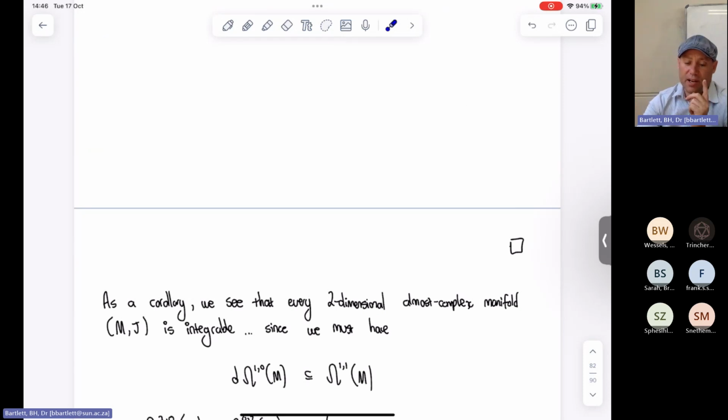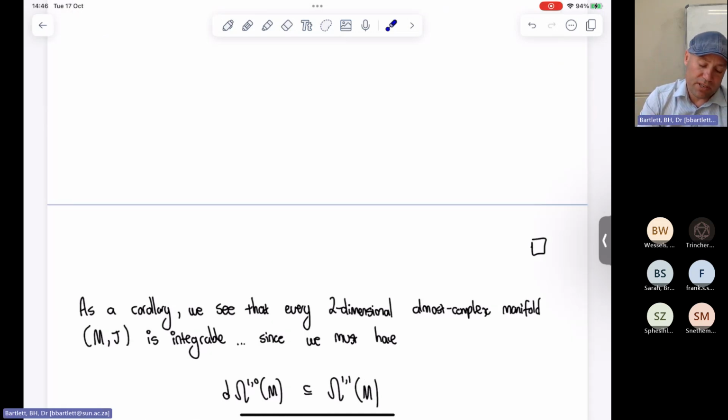Okay, so as a corollary here, we see that every 2-dimensional almost complex manifold, 2-dimensional in terms of 2 real dimensions, is actually integrable. So we never have to worry about this problem for 2-dimensional almost complex manifolds.